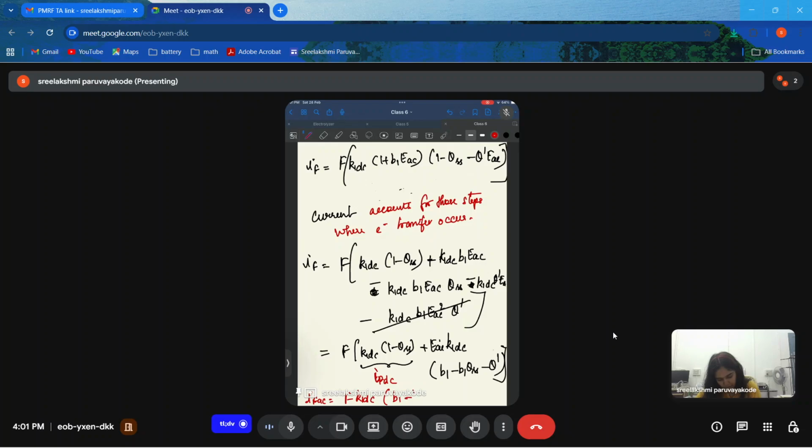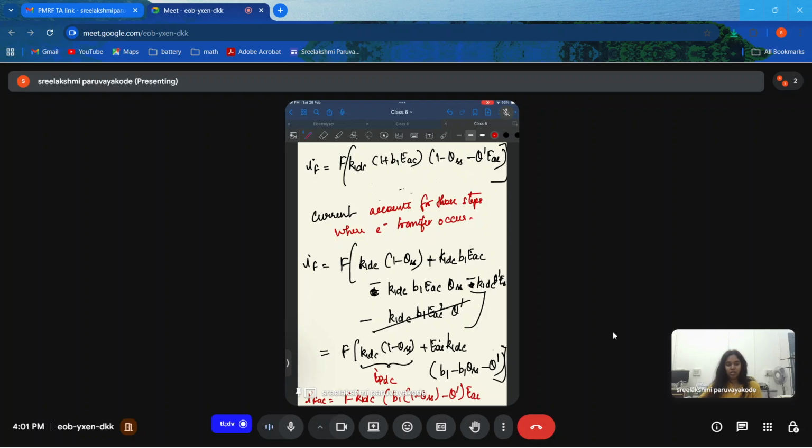Let me write B1 minus B1. So it is B1 into 1 minus theta SS if I write it, minus theta dash EAC. So this is IF AC, because this part is IF DC.